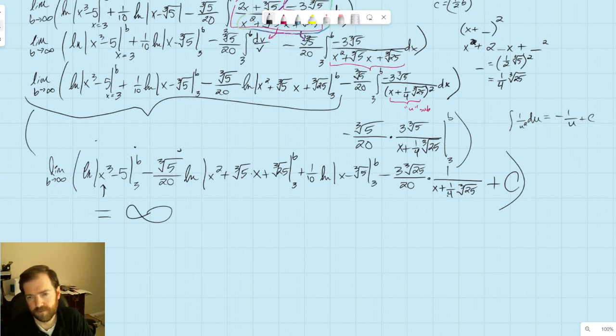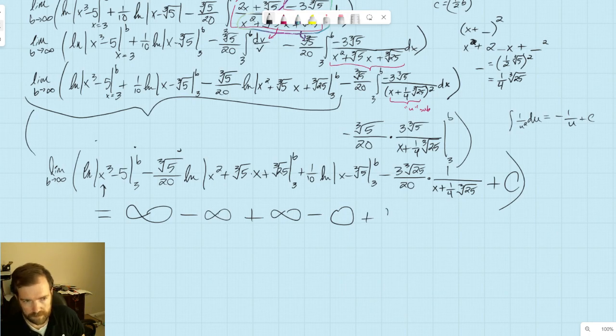Or, well, actually, no, this is going to go to 0 because the x is in the denominator. So infinity minus infinity plus infinity minus 0 plus c. But again, since we're doing a definite integral, we don't need it.